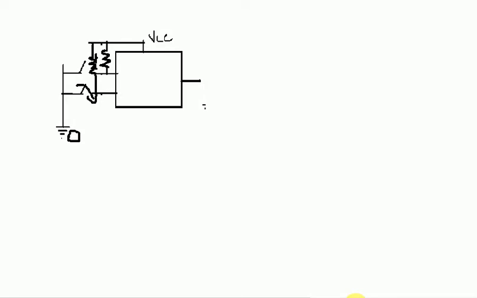Pull down network provides a low resistance path to ground when my output is 0, and a high resistance path to VCC when my logic output is 1.